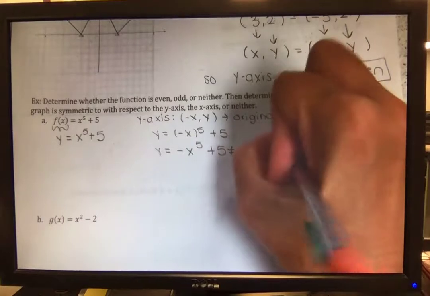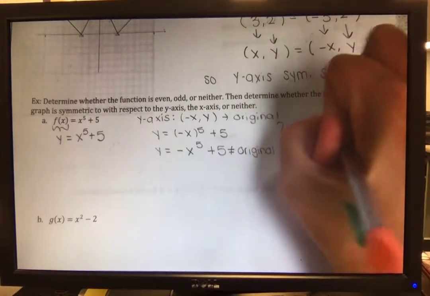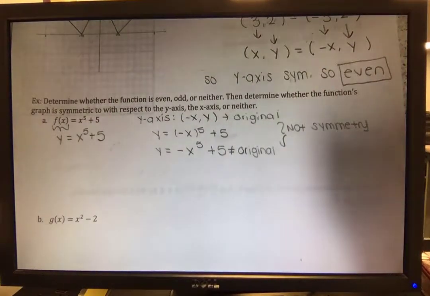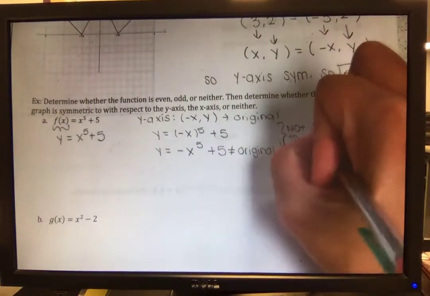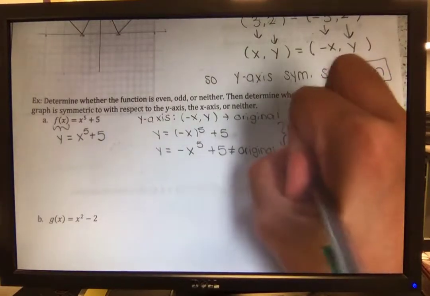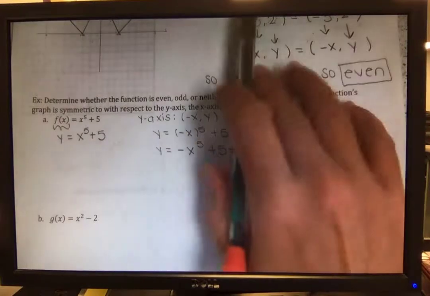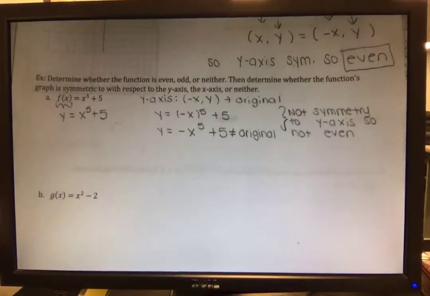So therefore it's not symmetric with respect to the y-axis. So therefore it also means it's not even. It kind of kills 2 birds with 1 stone, because even is y-axis symmetry, so we know if it doesn't have y-axis symmetry, it's not even.